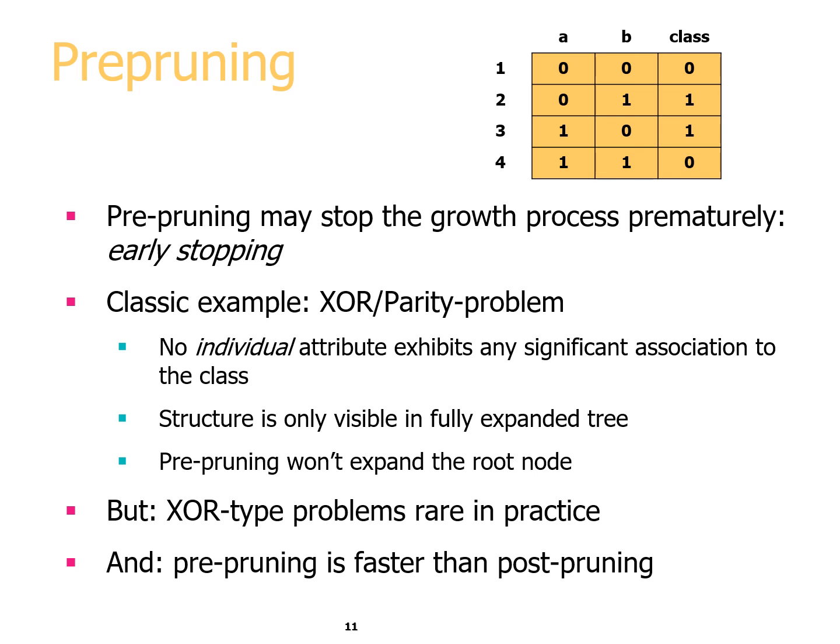So that's the problem. Sometimes, as I said, pre-pruning may stop the growth process too early, prematurely. So no individual attribute shows any association with class value, because in this example, attribute A is independent to class value. Attribute B is again independent to class value.